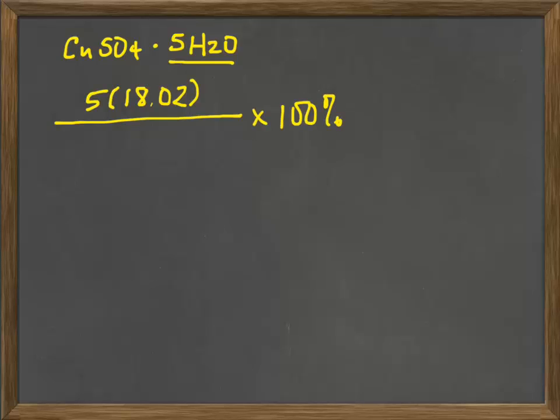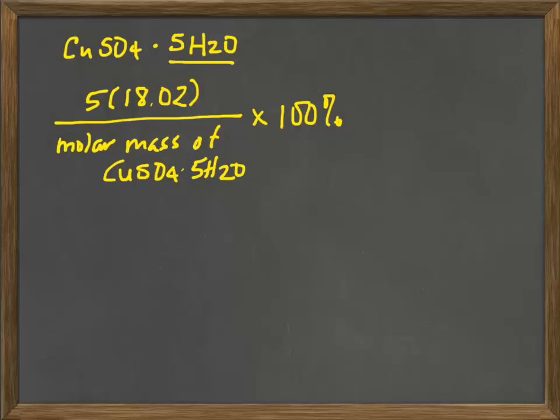But down here, you need the molar mass of that whole compound, CuSO4·5H2O. So you can calculate that. So the percent water, instead of being interested in hydrogen or oxygen separately, we're interested in the water content. So you find the mass of the water, and you have to consider that number in front of it. That tells us how much water is in there.